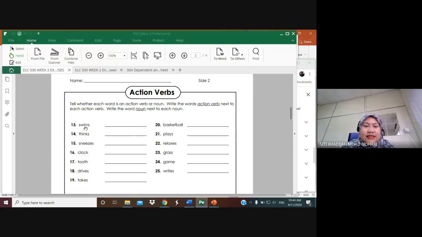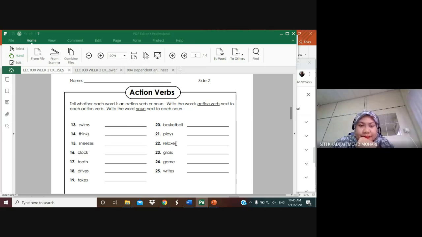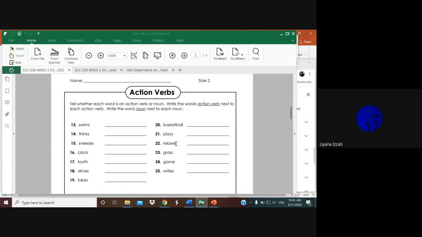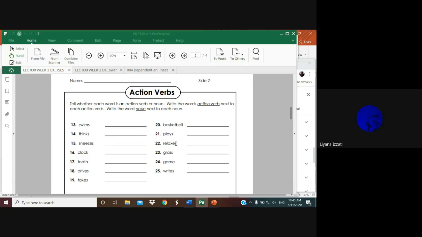So yours is, can you do from number 13 to 19? Do them all straight away. Okay, swims. 13 is action verb. 13 is noun. 14 is action. Okay.